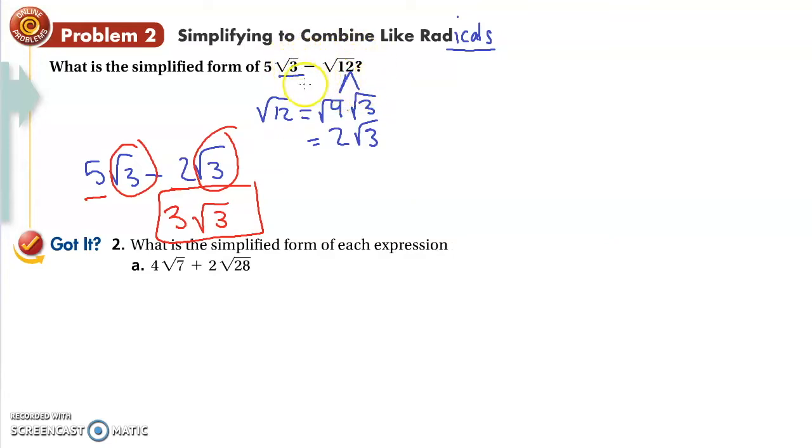3 is a prime number. It can't possibly go any lower. But 12 can go lower because it has a perfect square as a factor. Now remember, if you didn't like the perfect square factor method, you can use the ticket method. I can break this down to 2 times 6, which is 2 times 2 times 3, and I figure out that this is the same thing as 2 squared times 3.